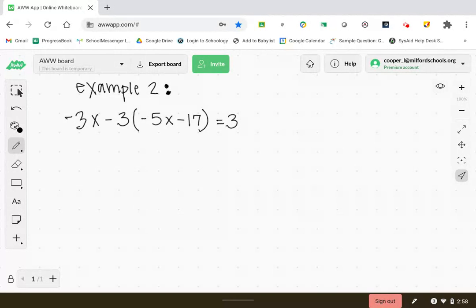So I'm not changing any of the other numbers. I'm just substituting the one in for y. This negative 3x I'm just going to bring down because I'm not using it yet. And then I'm going to distribute here. That gives me a plus 15x. And then this should give me a plus 51.